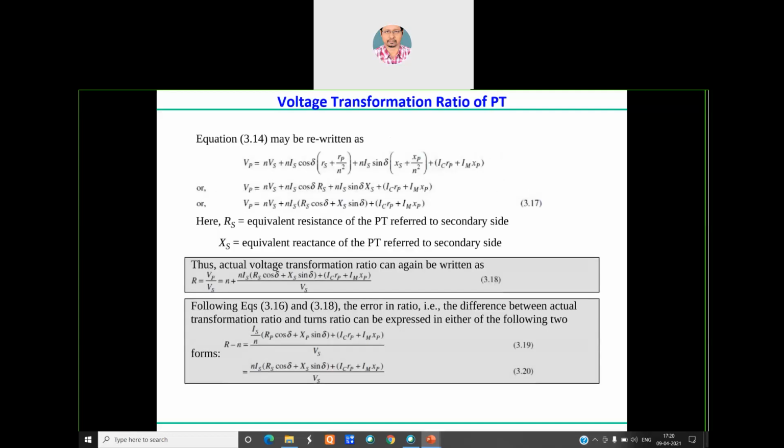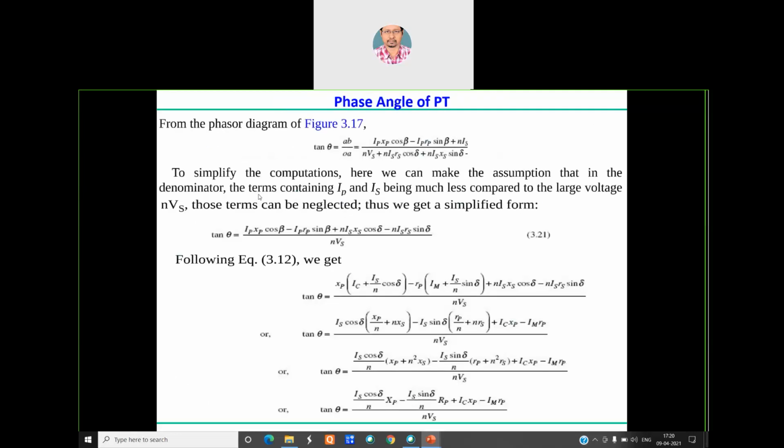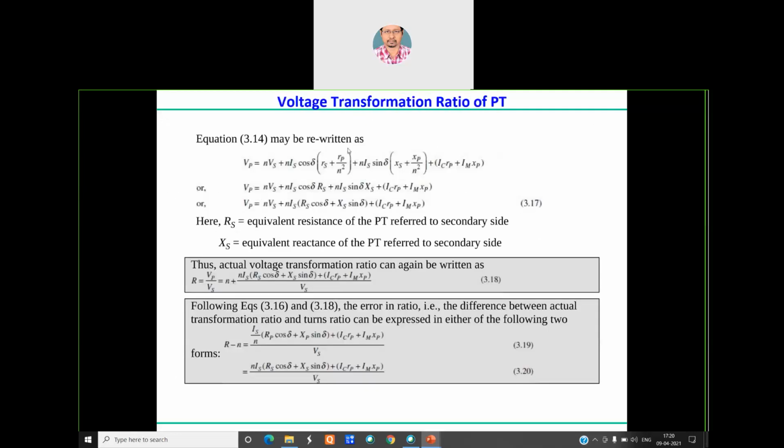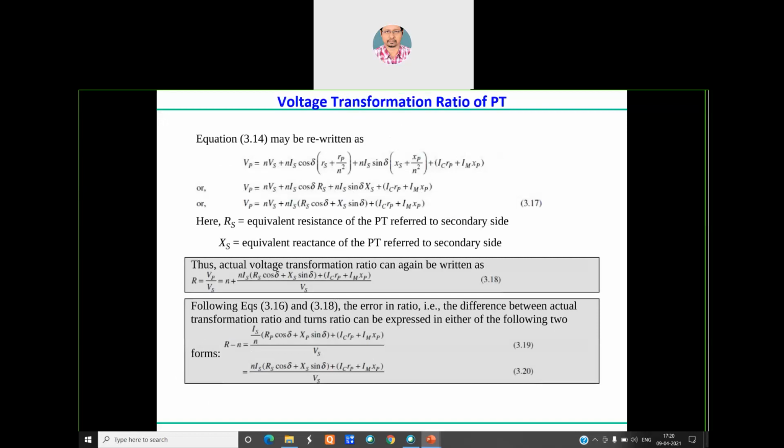Now, for simplicity, I would advise that you modify equation 3.14 over here, rearrange it in this way. And if you rearrange it in this way, then obviously Vp will also be rearranged as compared to 3.15. And accordingly, if I rewrite that transformation ratio, it can also be written as n plus n of Is Rs cos delta plus Xs sin delta.